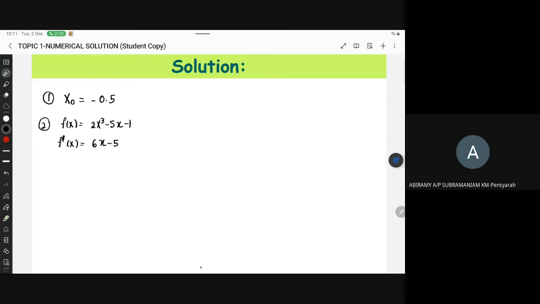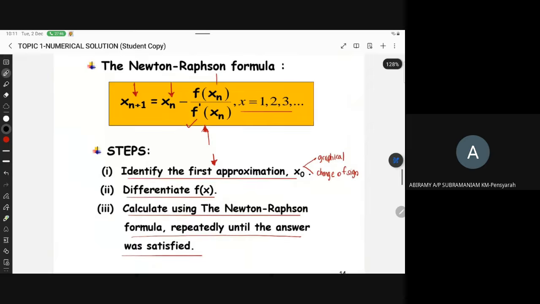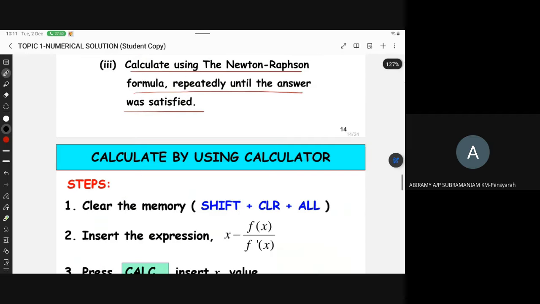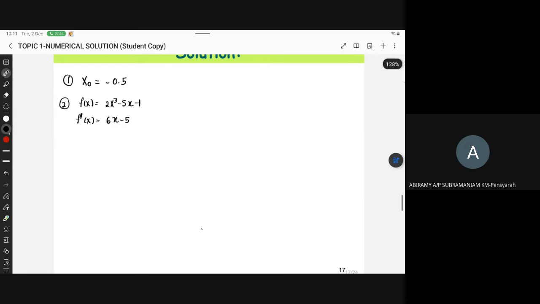Step 3 is to calculate by using Newton-Raphson repeatedly until the answer is satisfied. So for step 3, we have to use Newton-Raphson. Therefore, you need to know the formula of Newton-Raphson: x(n+1) equals x(n) minus f(x(n)) divided by f prime of x(n).